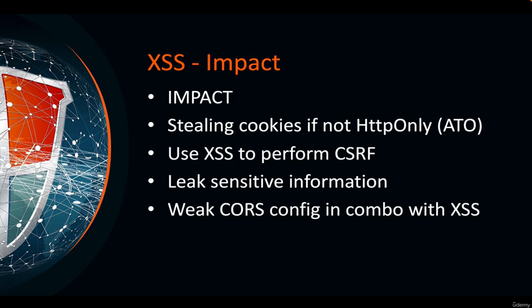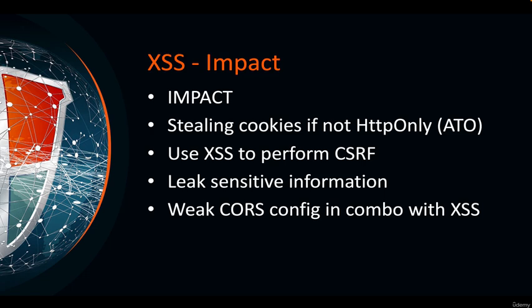Now, always try to create impact with cross-site scripting. I said earlier that you do not need to worry too much about cookie stealing when it comes to bug bounty. That's correct, right? They will accept a cross-site scripting vulnerability, but you should still go a bit further and document in your report, hey, you're not using the HTTP only cookie attribute. So that means I can actually steal your cookies.